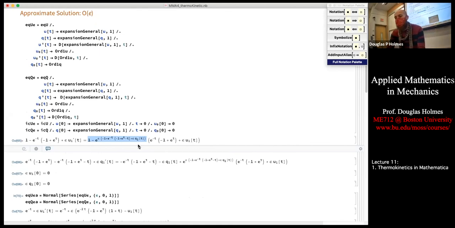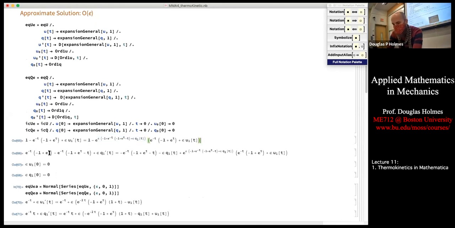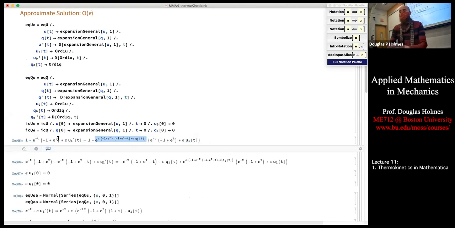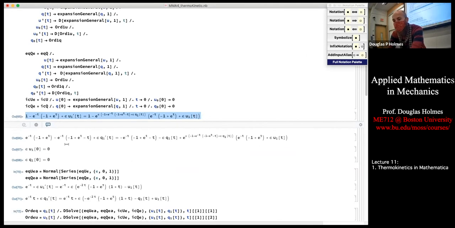How do we handle this? Well, the way we handle this is we take this output here, and we say, okay, even though I inserted this expansion up to order 1 in epsilon, there was already an epsilon in my equation, and I have to make sure that my entire equation only contains terms of order 1 and order epsilon. So the way I do that is I take this whole thing and do a Taylor series expansion of it.